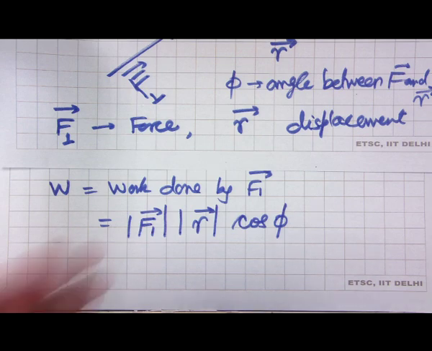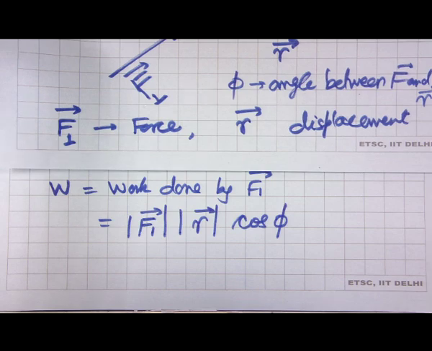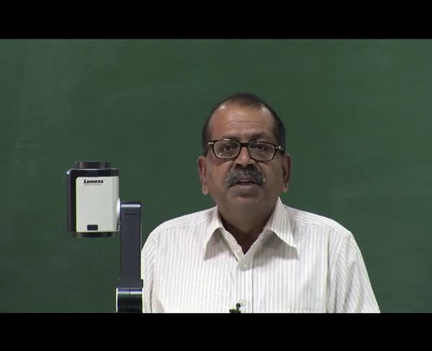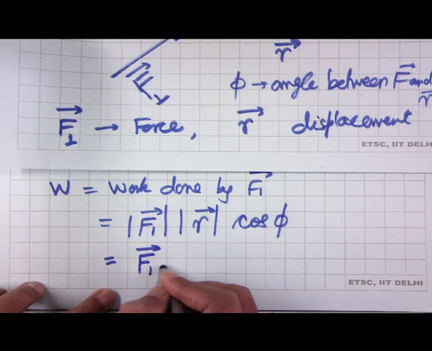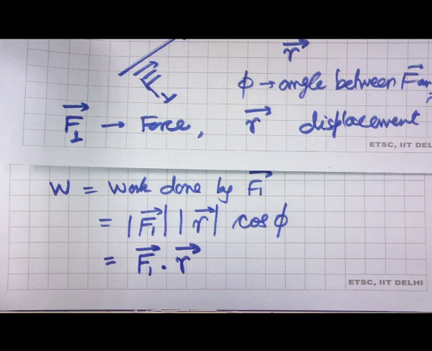So, this is how we define work done in a general case when force and displacement can be along different directions. And if we realize, this is nothing but the dot product of the force and the displacement vectors.